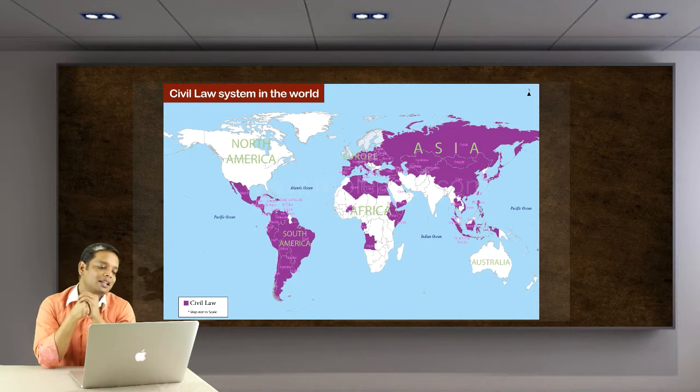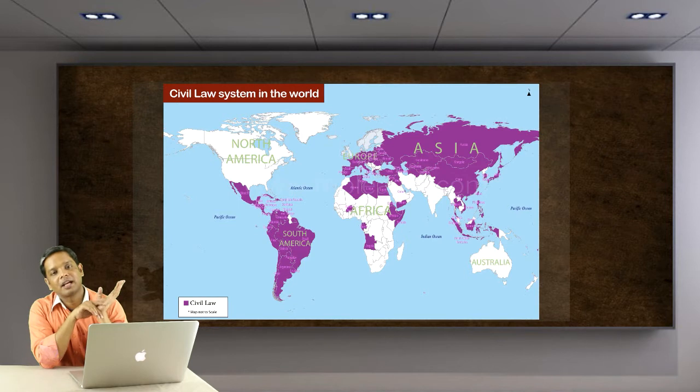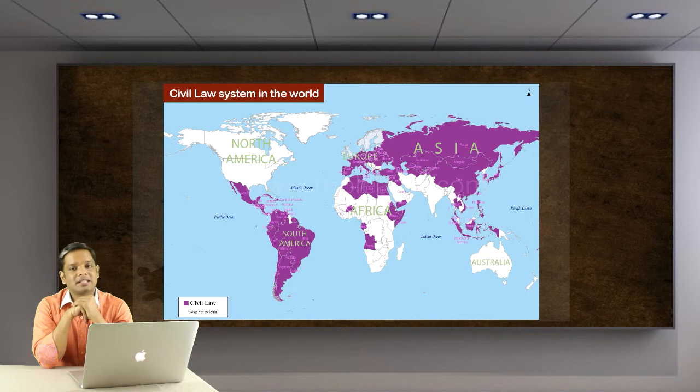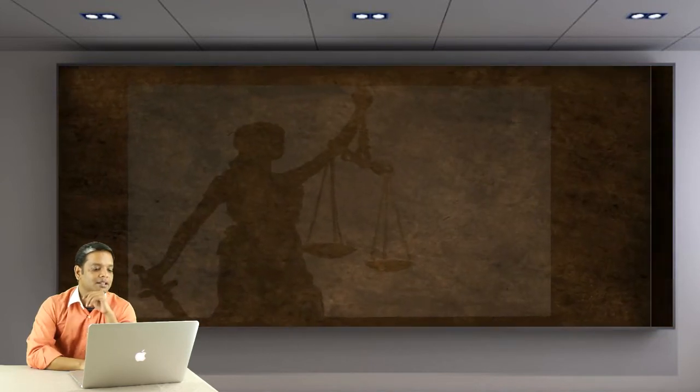The examples, as you can see on the map, are many of the European countries and Latin American countries. Those countries follow the civil legal system, meaning the majority of their laws and regulations are codified. So that is the civil legal system.